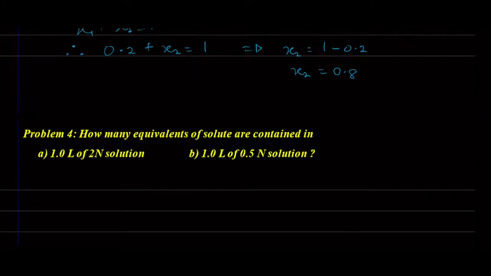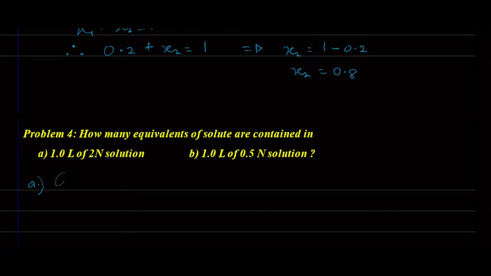Now let's look at the fourth example, which says: how many equivalents of solute are contained in 1.0 liter of 2 normal solution and 1.0 liter of 0.5 normal solution? So let's look at how we are going to deal with this question.